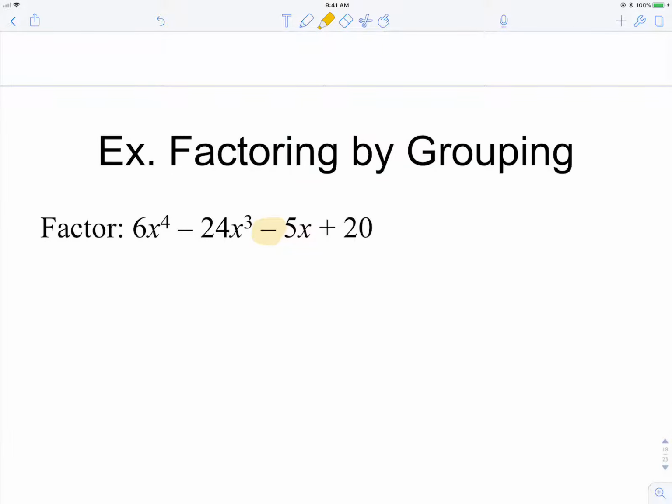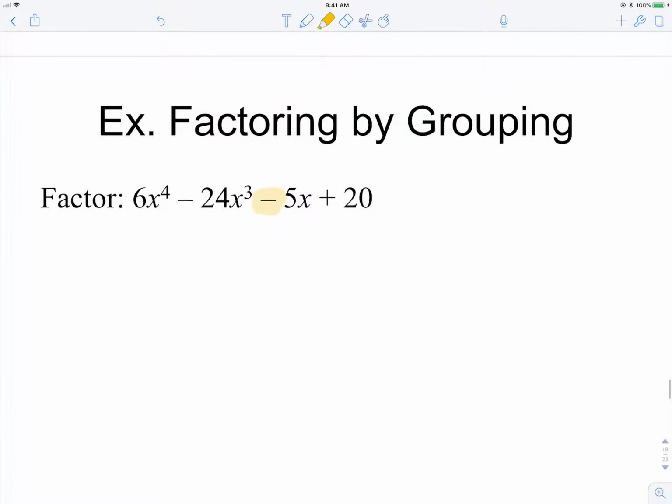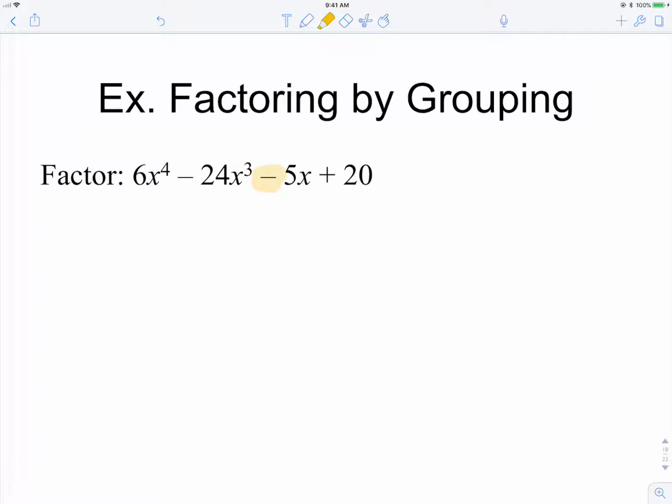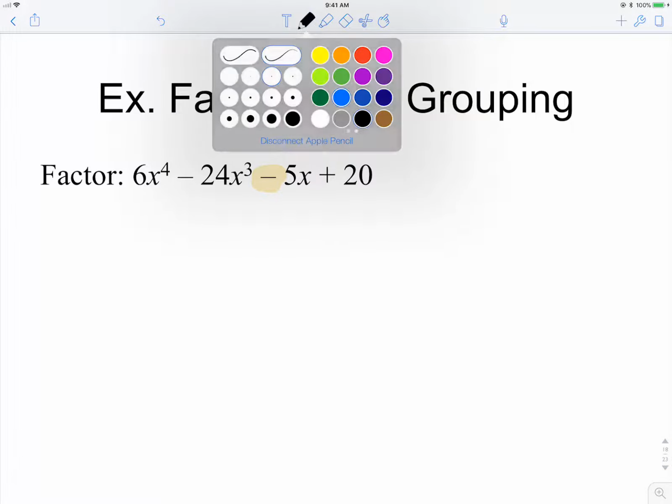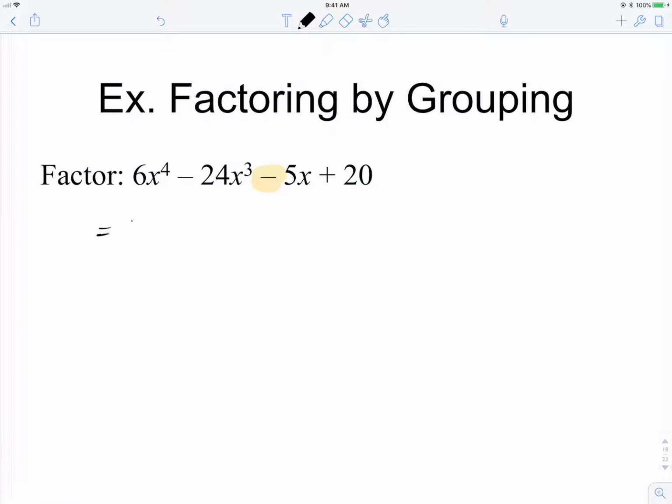You need to be careful whenever there's subtraction happening between the middle terms so that you don't run into a sign error. So to not run into a sign error, I'm going to first rewrite this polynomial 6x to the 4th minus 24x cubed plus a negative 5x, right? That's the same as minus 5x plus 20.